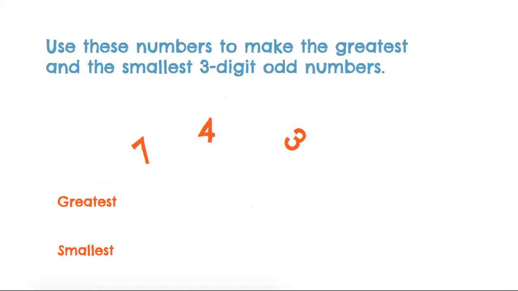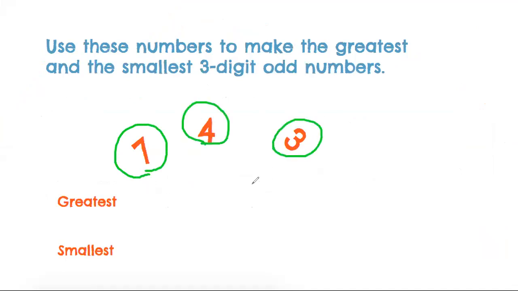Okay, how can we find the greatest and the smallest number that is an odd number? Let's figure it out. We have 3 digits over here, 7, 4, 3. In order to have an odd number, we need to have an odd digit in the ones place. Either we can have a 3 over here, or we can have a 7 over here.